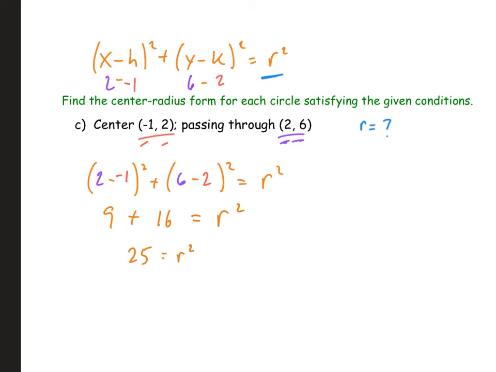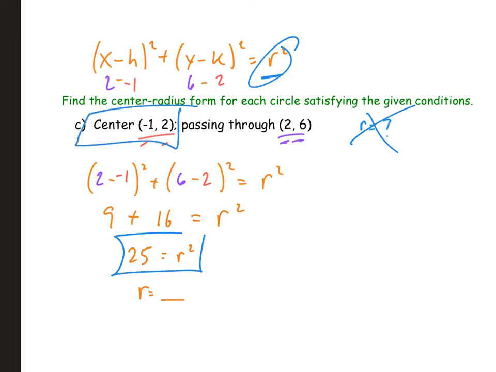We could go ahead and find r, which of course isn't difficult, but we really don't need to, because the question is really what is r squared, not what's r. So as soon as we know what r squared is, we're ready to go. So make sure you grab your center, not this other point. We don't care about that anymore.